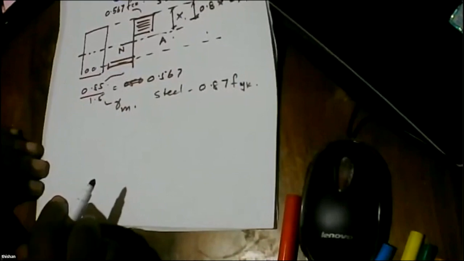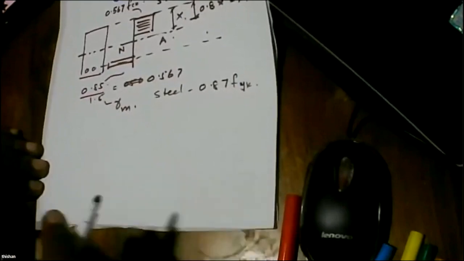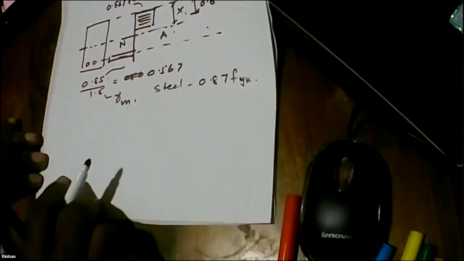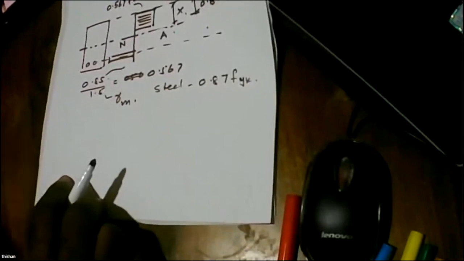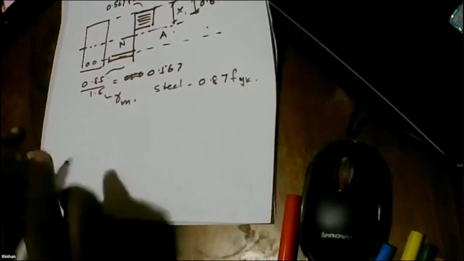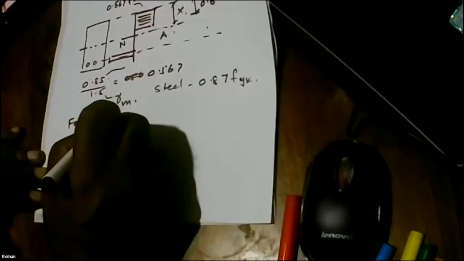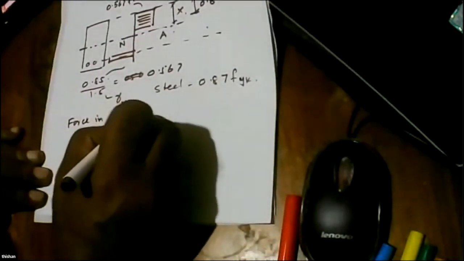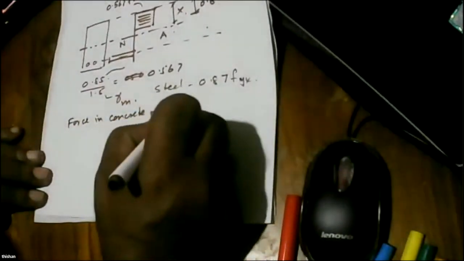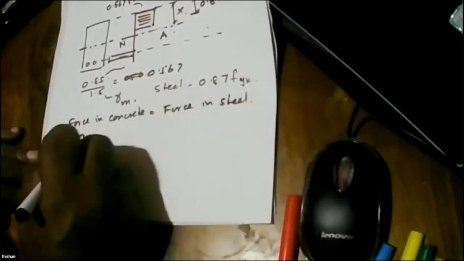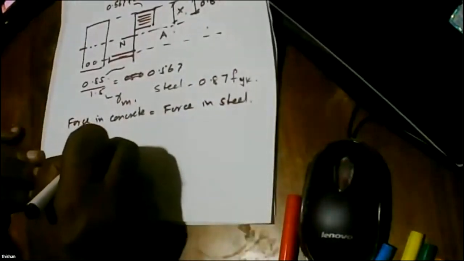I'll show the note, but we know what is Fy. We know what is FCK, that is the cylinder strength. So what is the first thing we can say? Force in concrete is equal to force in steel. That is the section equilibrium.